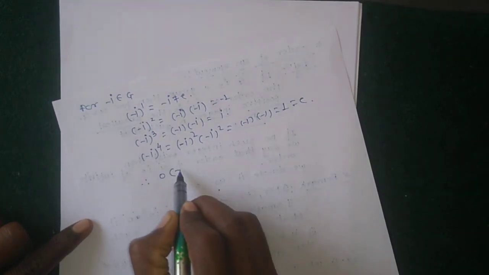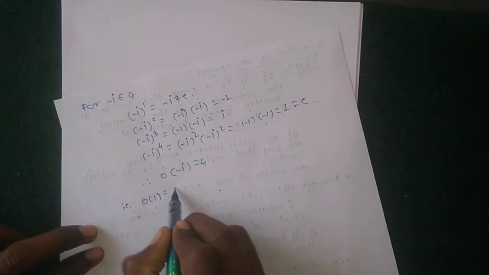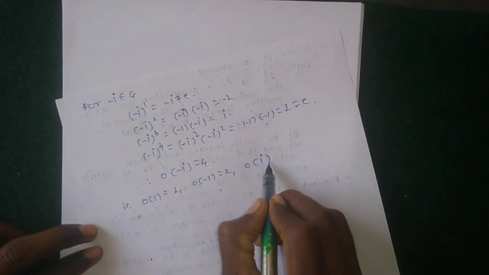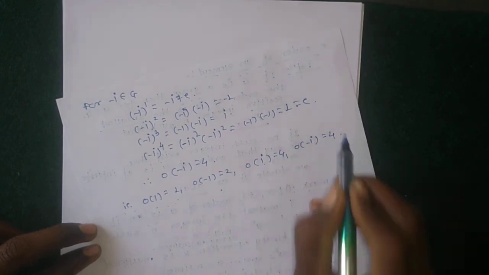Therefore the order of minus i is 4. This is the order of the elements of the given group with respect to multiplication: order of 1 is 1, order of minus 1 is 2, order of i equals 4, and order of minus i equals 4.